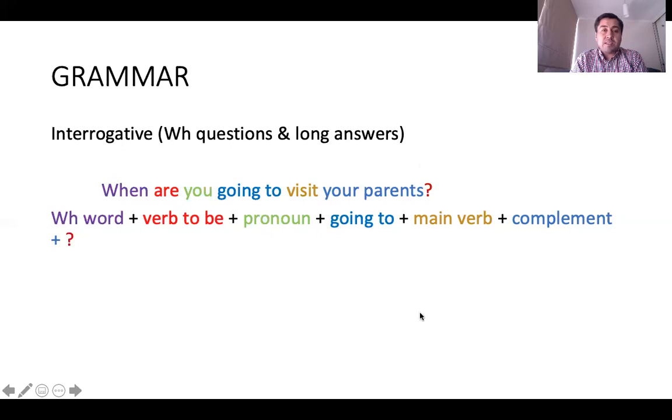Here, I don't have an answer for the question because when you use long answers they depend on the WH word you're using. So here we use when. The answer for this question will be, I'm going to visit my parents tomorrow, right? Or if it is with a why, which is reason, you might say, why are you going to visit your parents? I'm going to visit my parents because I miss them.